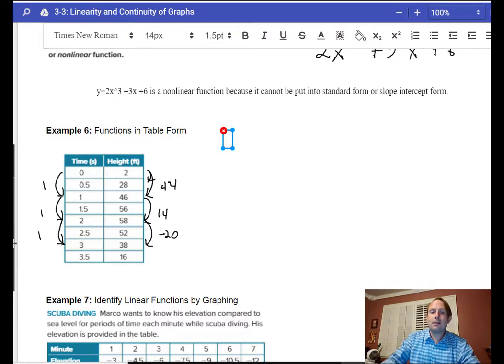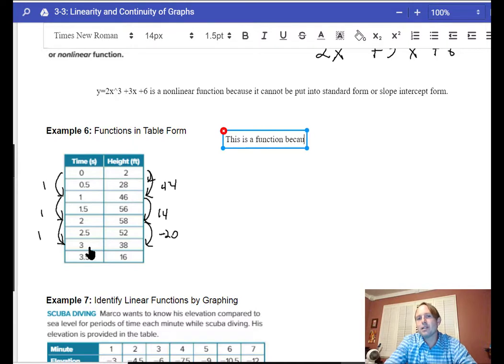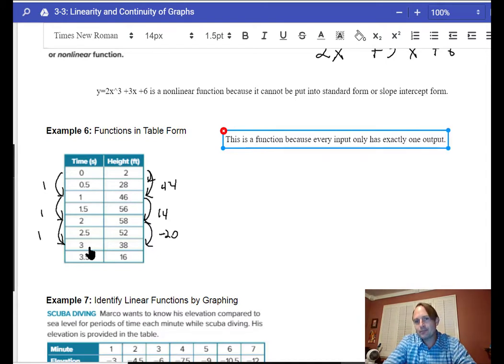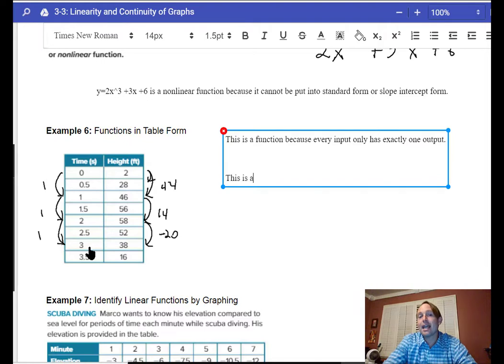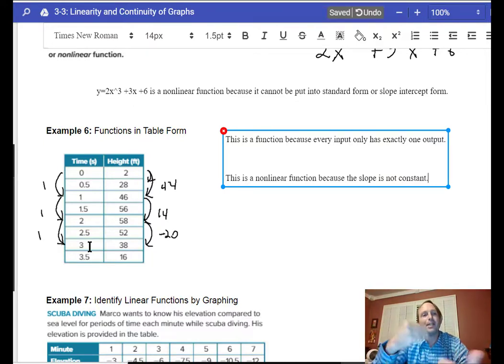This is a function because every input only has exactly one output. This is a nonlinear function because the slope is not constant. If it was, every 1 would be 44, or every 1 would be 14, or every 1 would be negative 20, but it's not. This actually produces more of a curve.